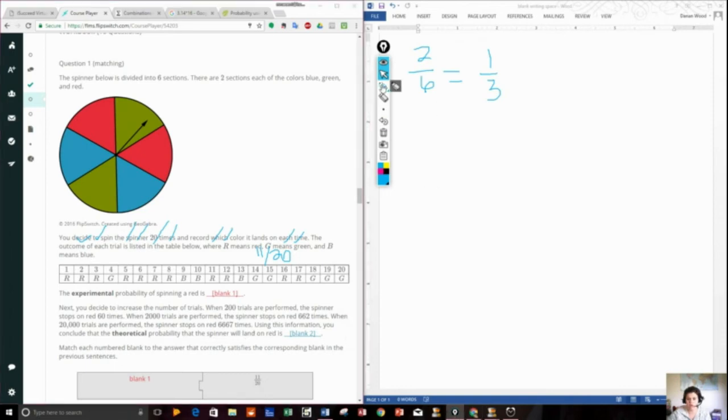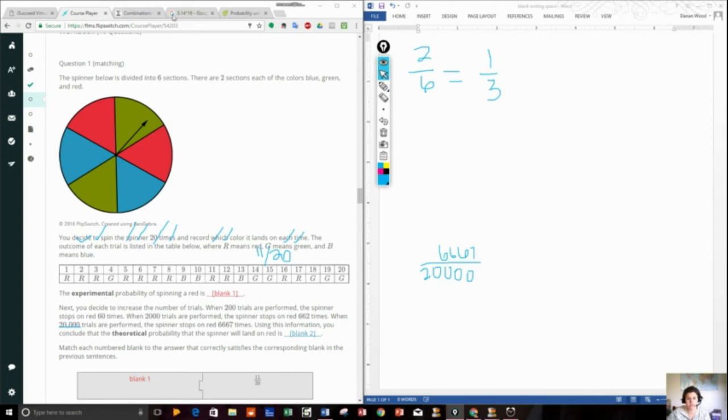Okay, well, we're going to use the one that has the most number of trials. So we have 20,000 trials, because the more trials you have, the closer it is to the theoretical probability. So that's why we're using the outcomes with the most number of trials. So it happened 6,667 times.